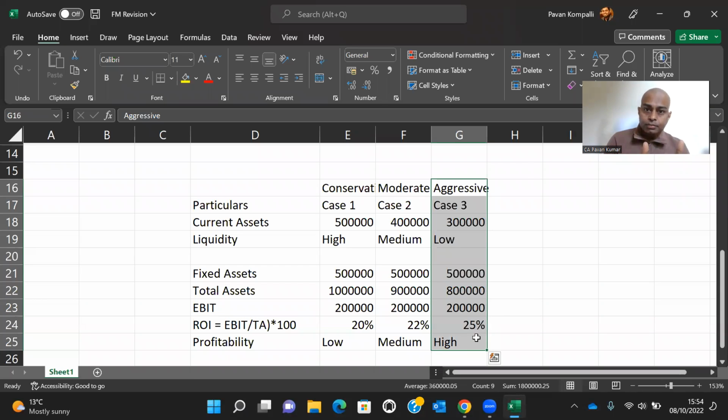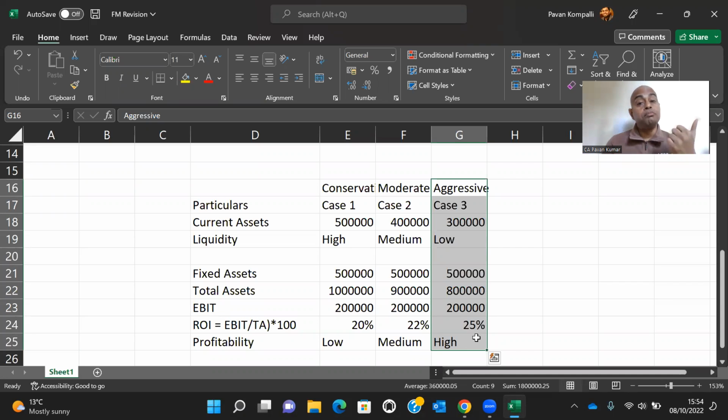So what is the conclusion? Step 1. When the company follows conservative policy, liquidity is high, but profitability is low. Step 2.